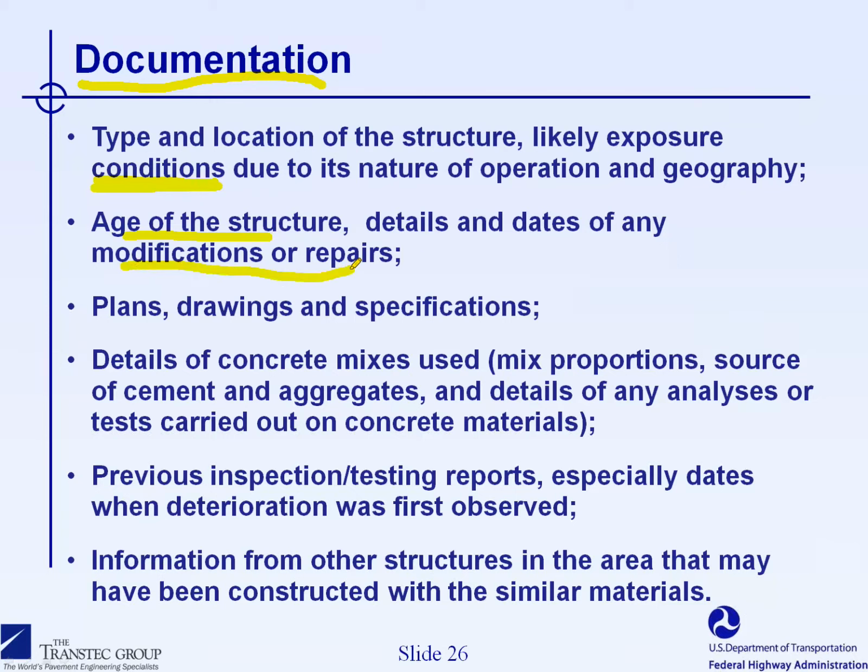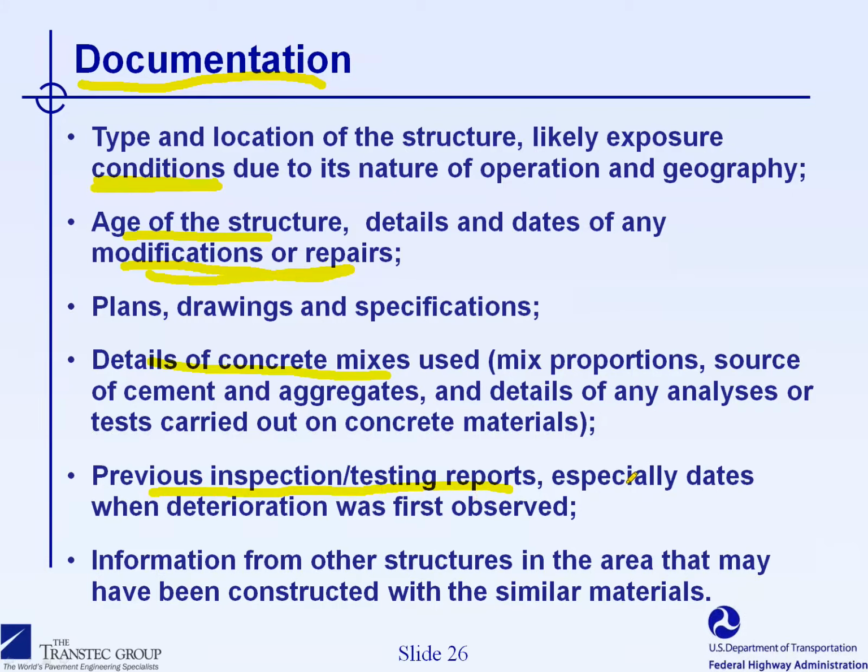The age of the structure, details and dates of any modifications and repairs. That's also quite important to know. If there are any plans, drawings, and specifications available to determine the condition of the structure. Then if there are any details on the concrete mixtures that were used, especially the mix proportions, whether there was any supplementary cementing materials used in the concrete.